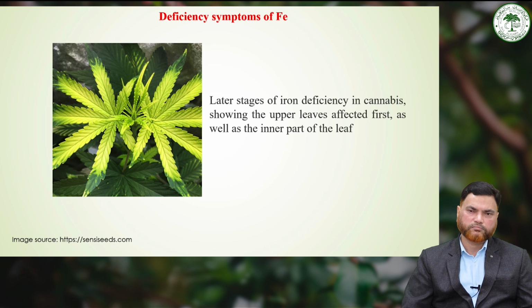So, what are the specific deficiency symptoms in plants? Basically in plants, iron deficiency could develop due to its insolubility in soil rather than its absence. So, insolubility plays a very important role.